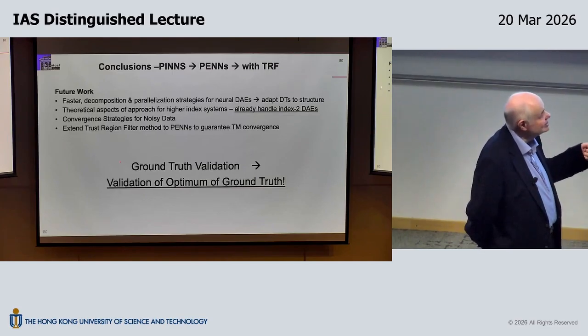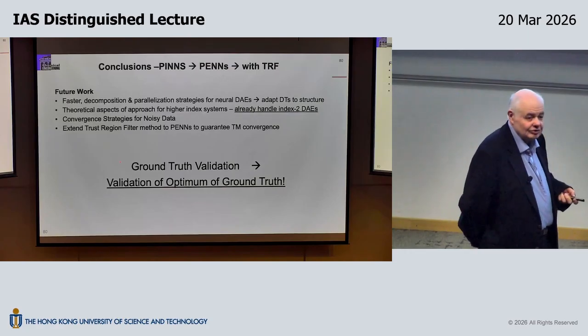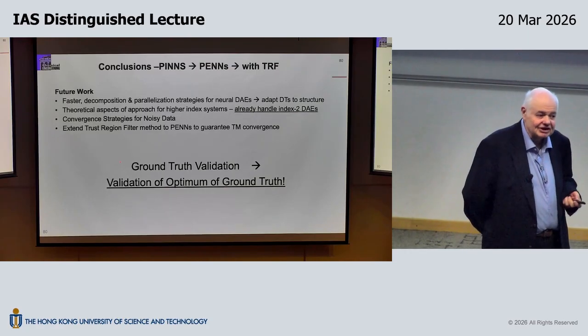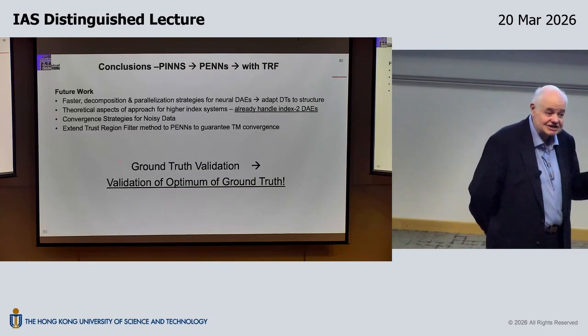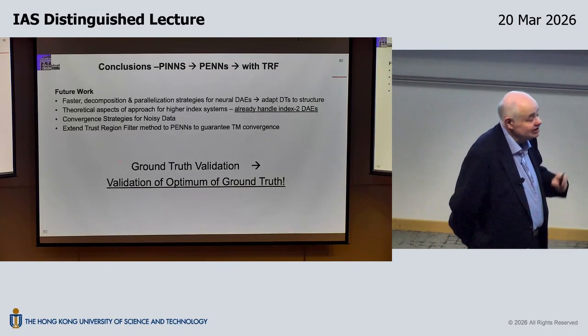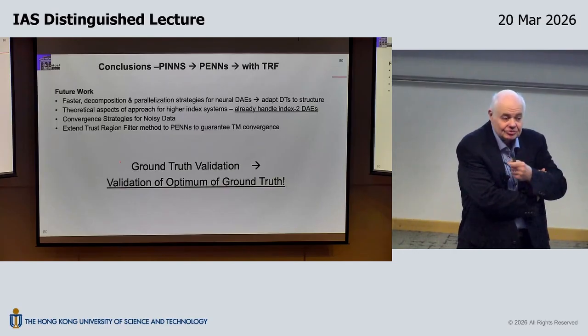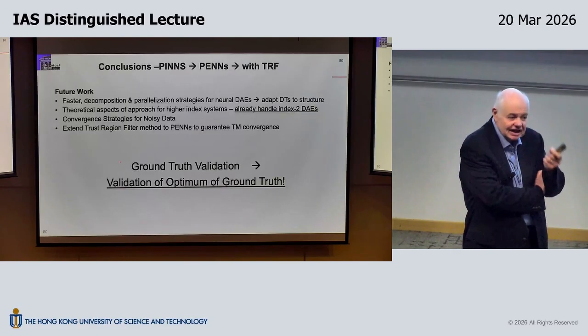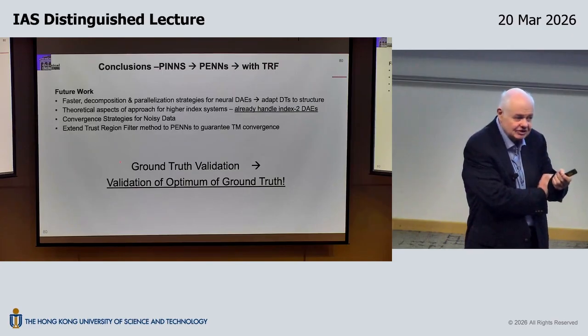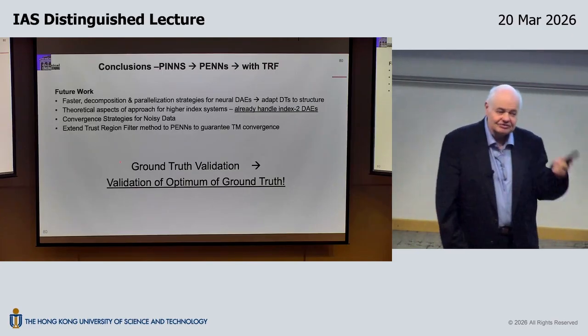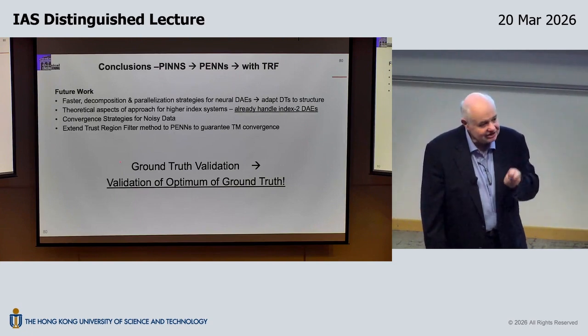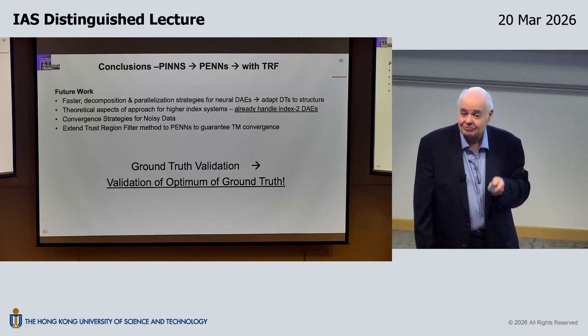Can we extend our TRF method to guarantee truth model convergence if we formulate it with pens? That's what we're working on, and I think the answer is yes. You need to validate ground truth with recourse to more data as you solve the optimization problem. Every cycle, we have to go back, correct the digital twin, and solve it again. Once it converges, you know you're at the ground truth optimum.